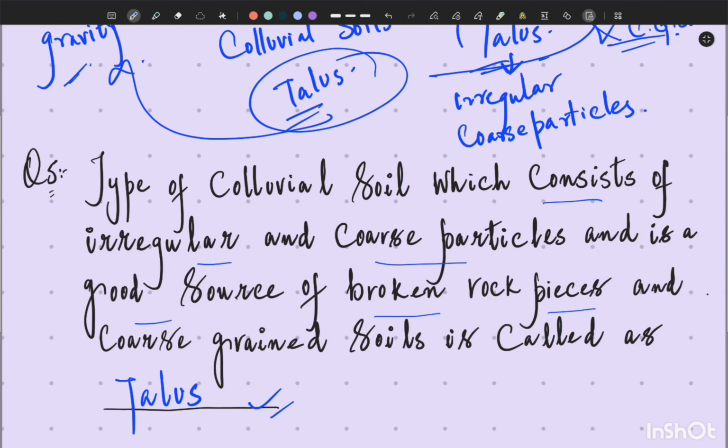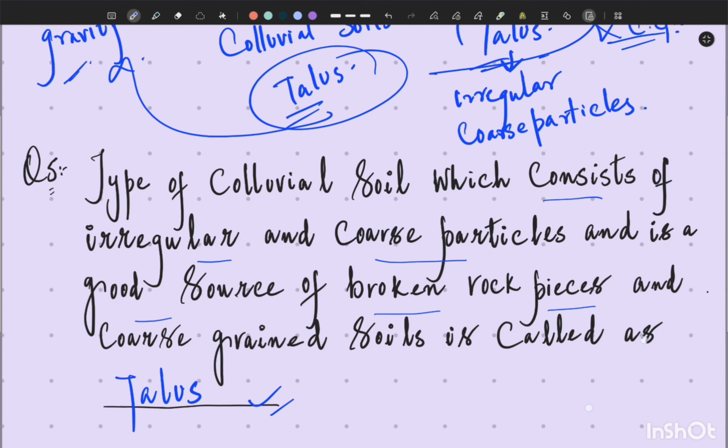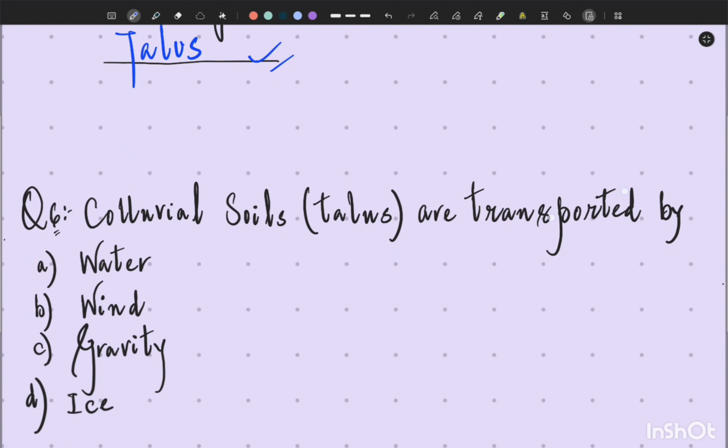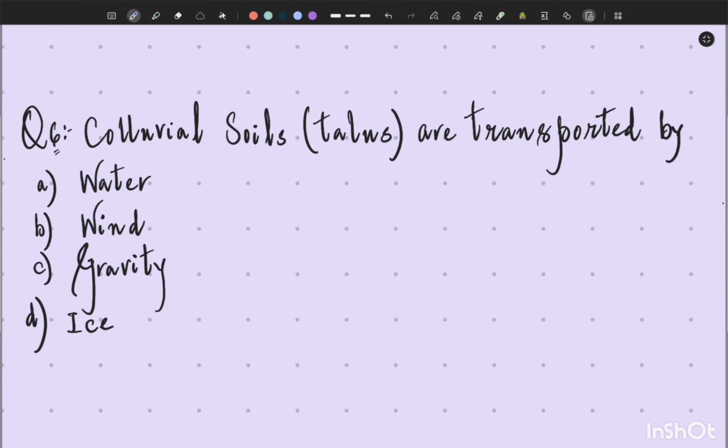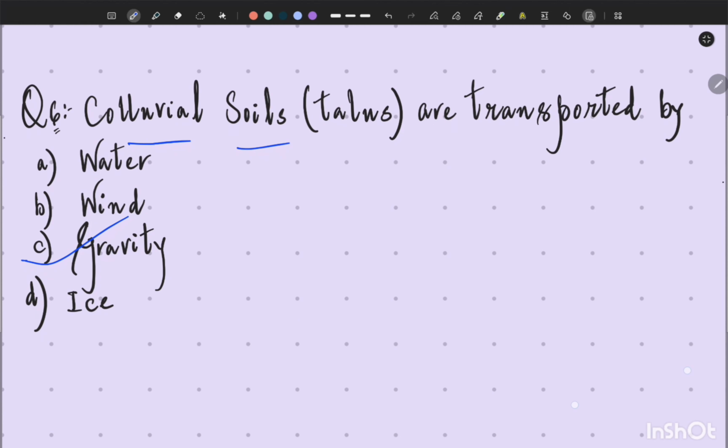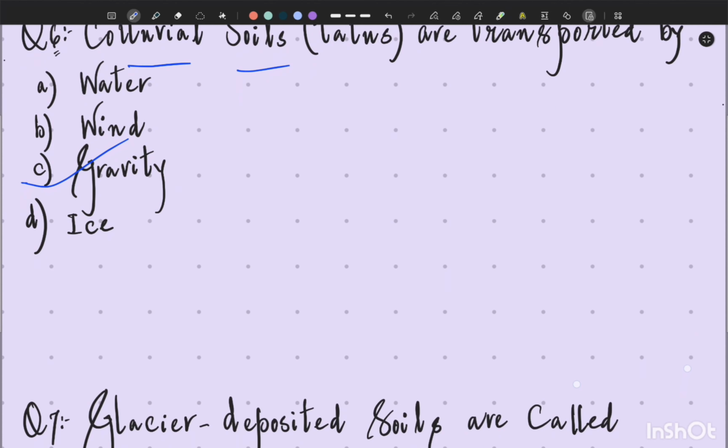It's known as talus. Moving further to question number 6. Question number 6 says, colluvial soils such as talus are transported by water, wind, gravity, or ice? So the correct answer is gravity. Colluvial soils such as talus are transported by gravity, as we learned.